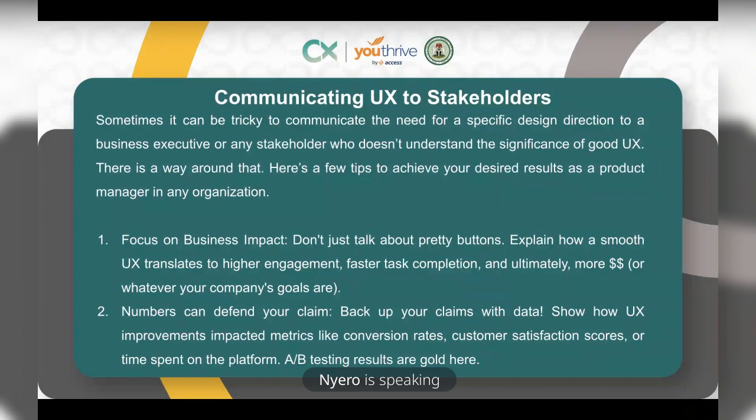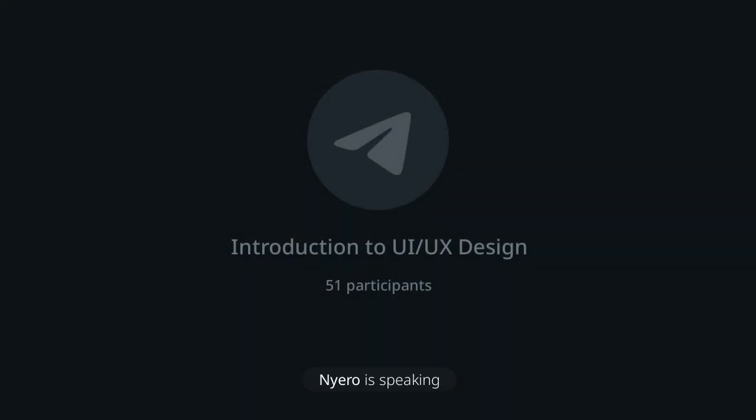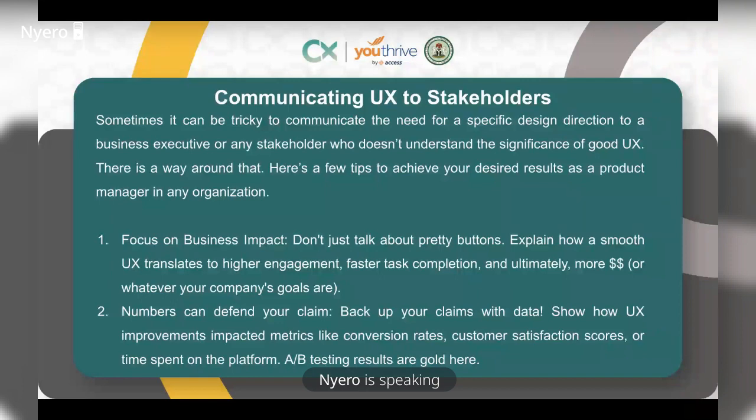In terms of UX, there's a tendency for stakeholders, especially business and managerial stakeholders, to see UI UX as just pretty screens, just graphic design, and they overlook or undervalue it compared to developers. They think maybe it's just the coding that is important. The UX or the UI is not important.